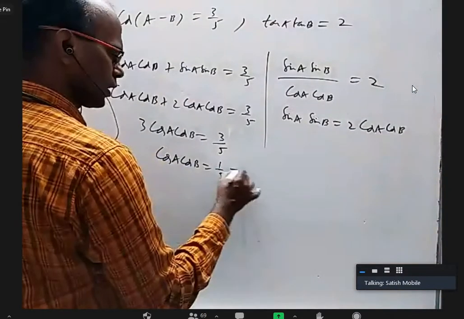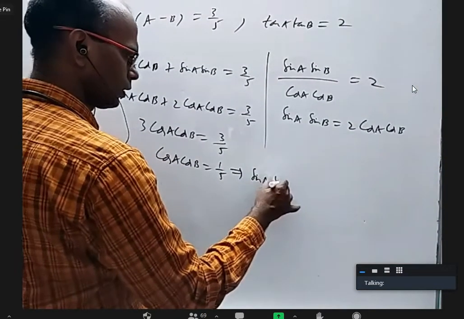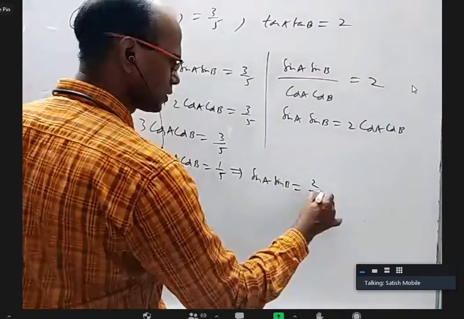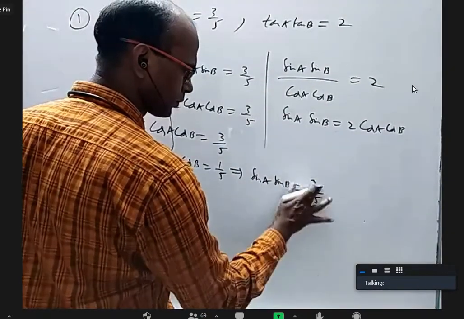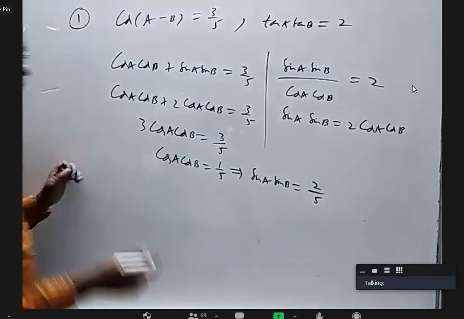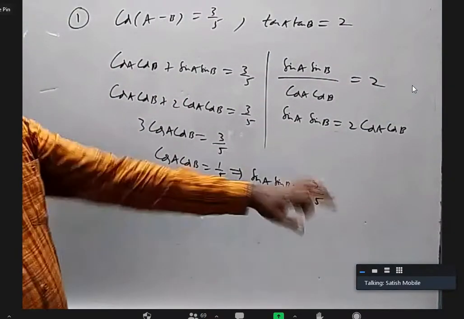If I substitute that, I'll get sin A sin B is 2/5. So I know cos A cos B separately, sin A sin B separately.